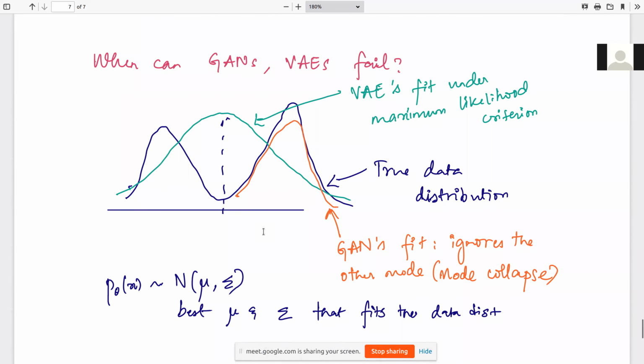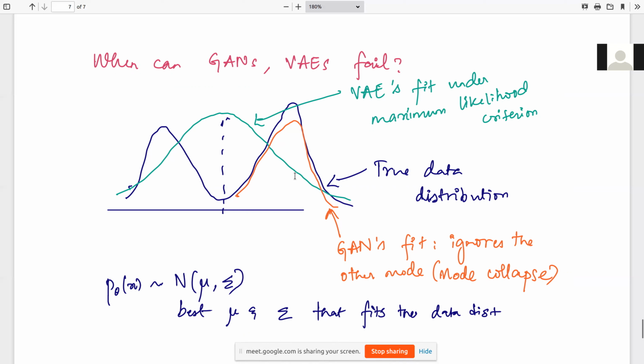This is quite an interesting question we see: when can GANs and VAEs fail? VAEs are trained using the maximum likelihood criterion, so they will try to fit.